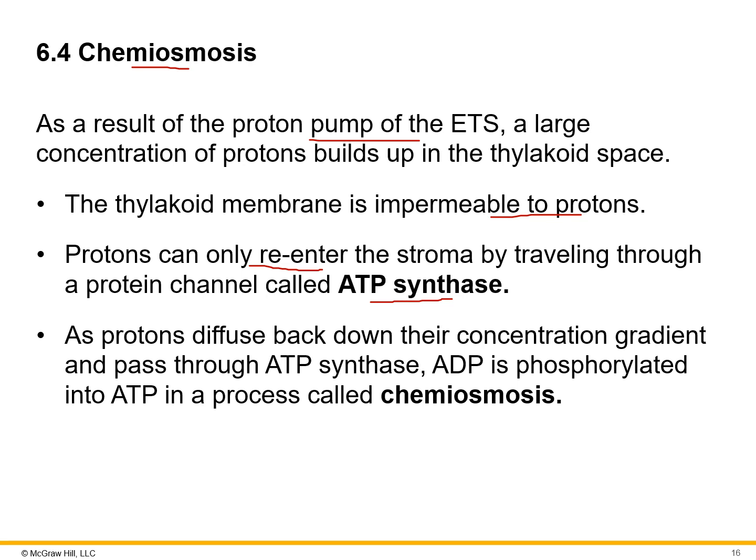And as the name implies, it makes ATP. It provides a passage for the protons, and in the process, it makes that ATP. So as the protons diffuse back down their gradient, ATP synthase uses that energy to make ATP. And this process is called chemiosmosis.